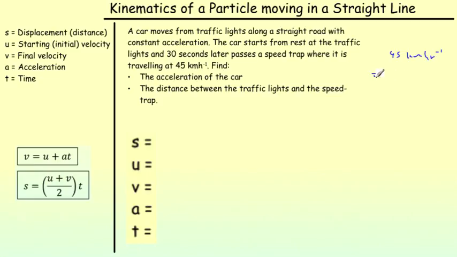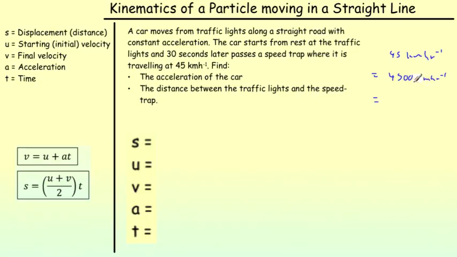Let's convert that. First of all, let's convert it into meters per hour. So 45 kilometers per hour would be the same as 45,000 meters per hour, because there's 1,000 meters in a kilometer. Then we want to convert those meters per hour into meters per second.